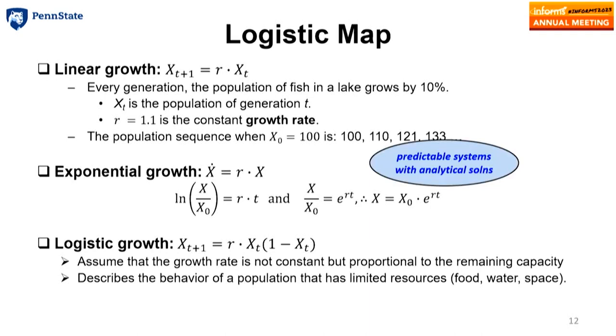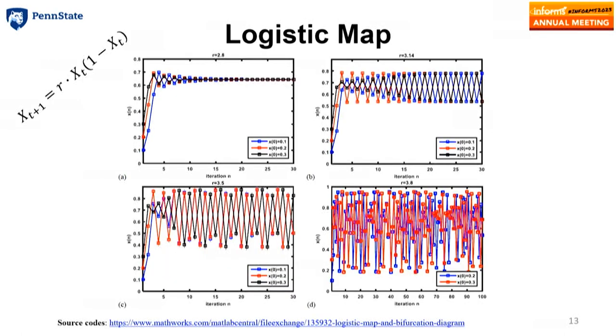Linear growth and exponential growth are predictable systems with analytical solutions. But nonlinear dynamics is sometimes not predictable. I'm going to show you. If we have r equals 2.8, r equals 3.414, r equals 3.5, or r equals 3.8, they have totally different behaviors.